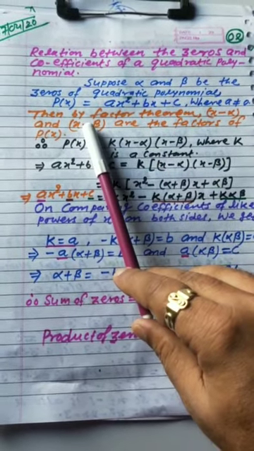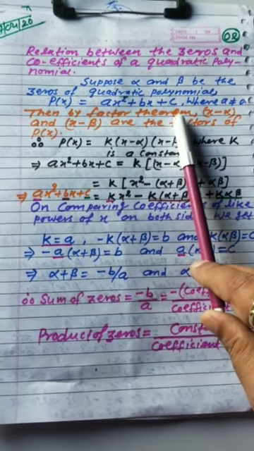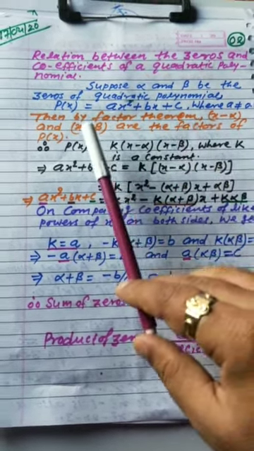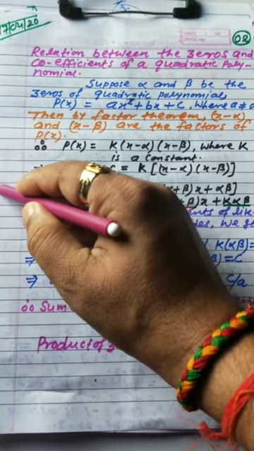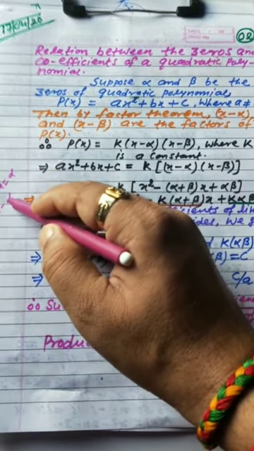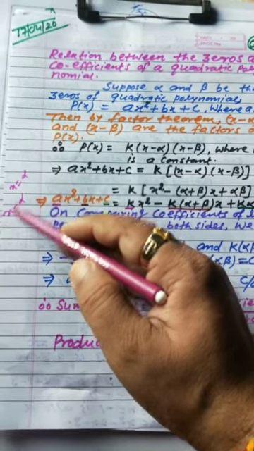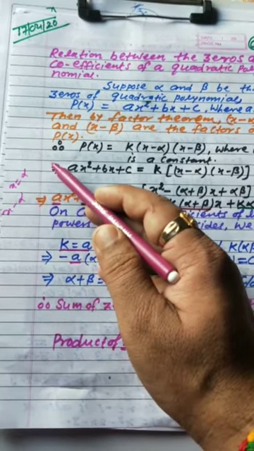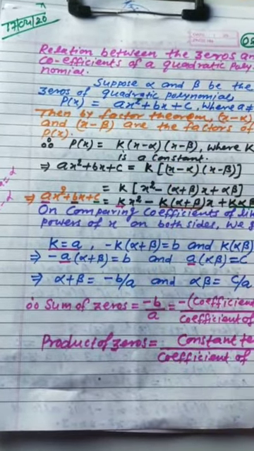Then you have learned about the factor theorem in class 9. If x is equal to alpha is a zero, then x minus alpha is a factor of that polynomial. So alpha and beta, two zeros are there.